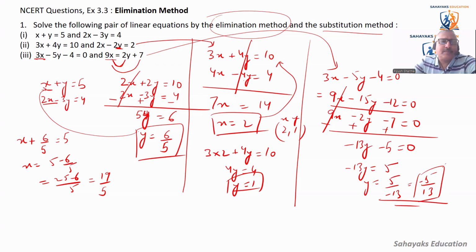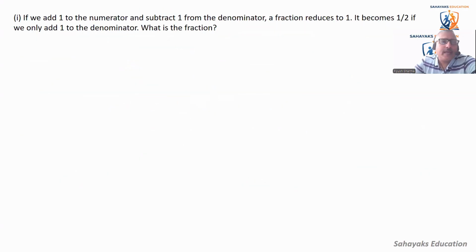Okay. Coming to the next question. If we add 1 to the numerator and subtract 1 from the denominator, the fraction reduces to 1. So I'll say the numerator is equal to x, the denominator is equal to y.